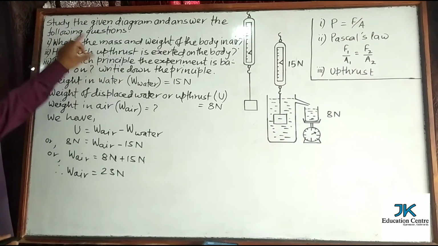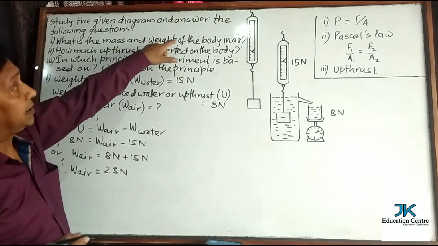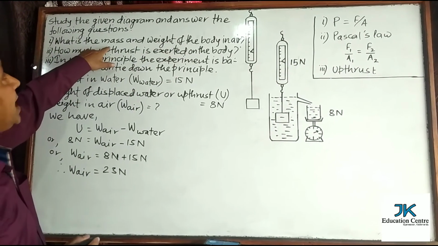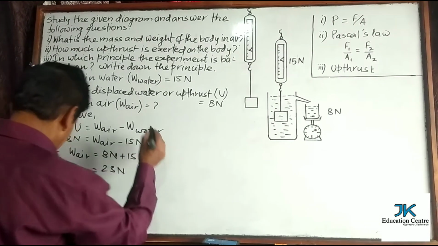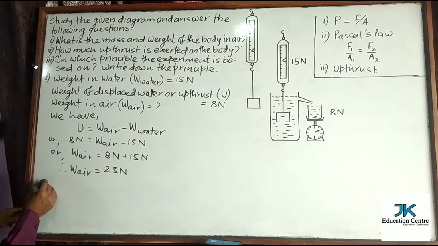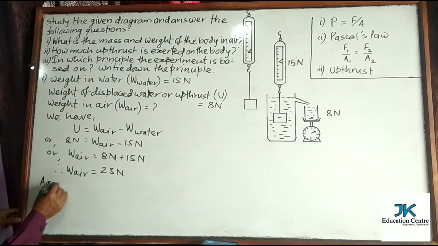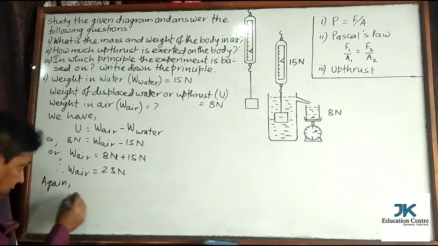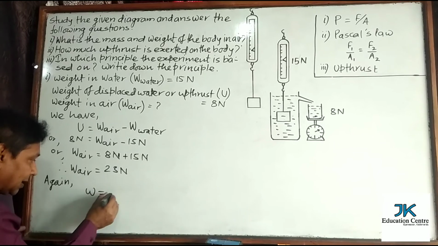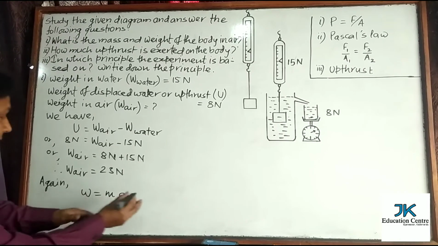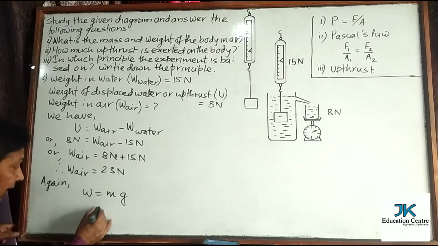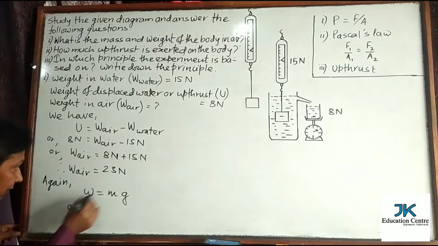One part is answered, the weight of the body in air, but mass is also asked. But mass can be calculated differently. We can write again, we know that weight of the body is equal to m into g. Weight is equal to mass into acceleration due to gravity, and we are going to calculate mass.